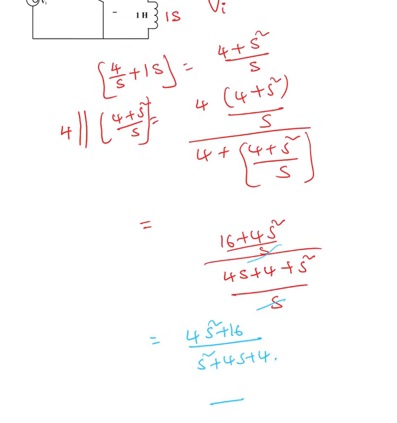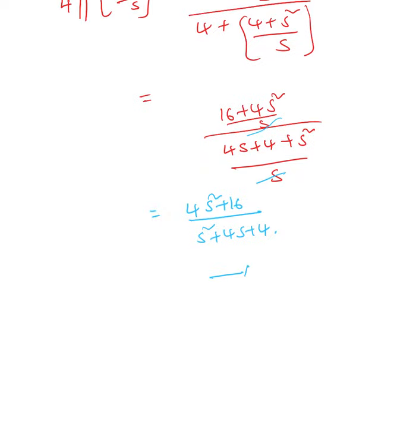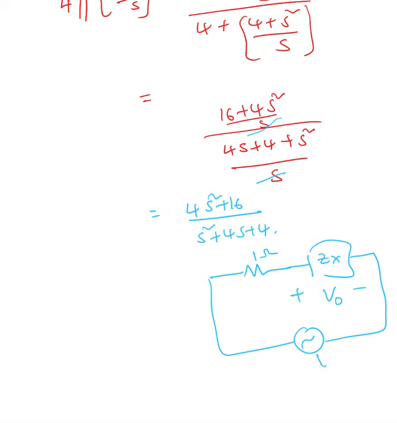If you look at the circuit, I have a 1 ohm resistor. Let me take this as Zx, and my goal is finding the transfer function. That's my V naught, and here is my Vin. To do this, can I use the voltage division rule? V naught equals total voltage Vin times the same impedance over total impedance.